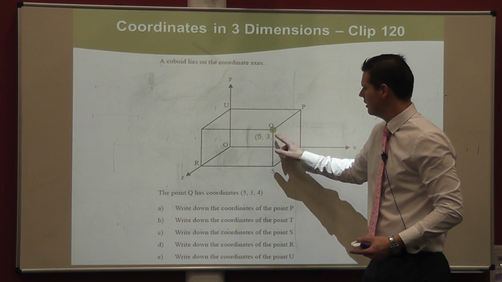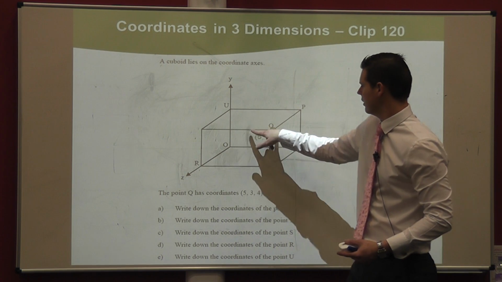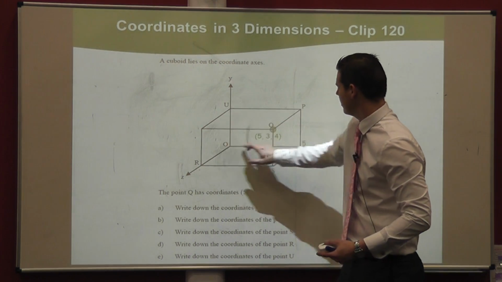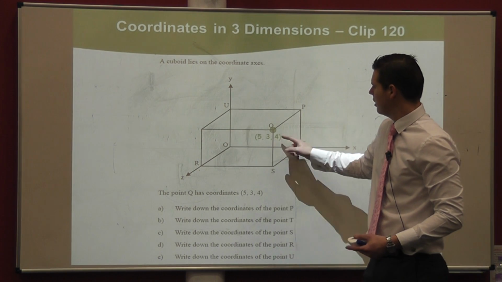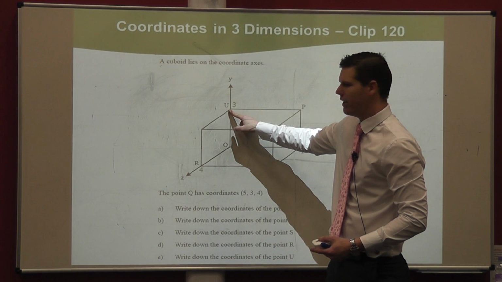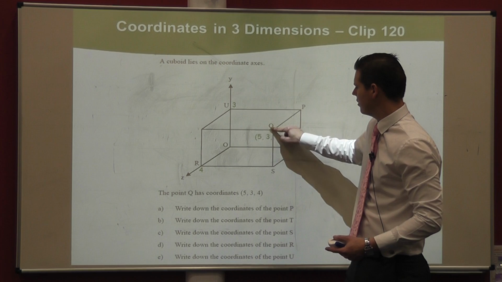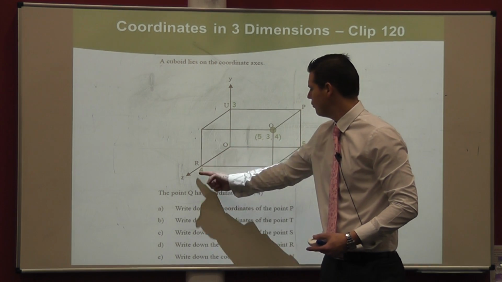So that's all flat. So it's going to be that point there. So it's going to be 5. Yeah? That distance from there to there is the same as there to there. It's just being pulled out off the page a little bit, moved up. The 3 means that I go up the y-axis 3, because that's how high that is. And the 4 means I've come off the page 4.